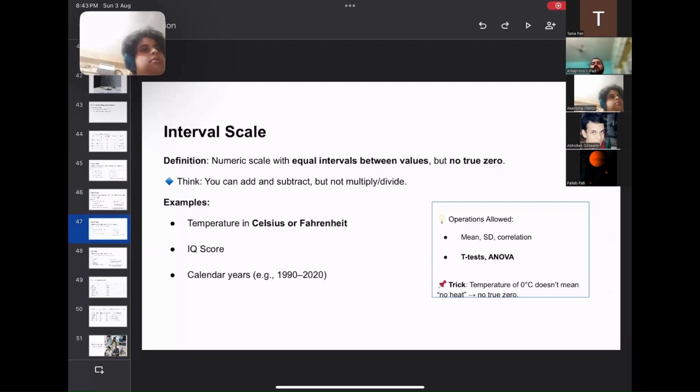Next is your interval scale. The difference from the ordinal scale is that there is an order and these intervals are equal, right? Like temperature, IQ score, calendar years.